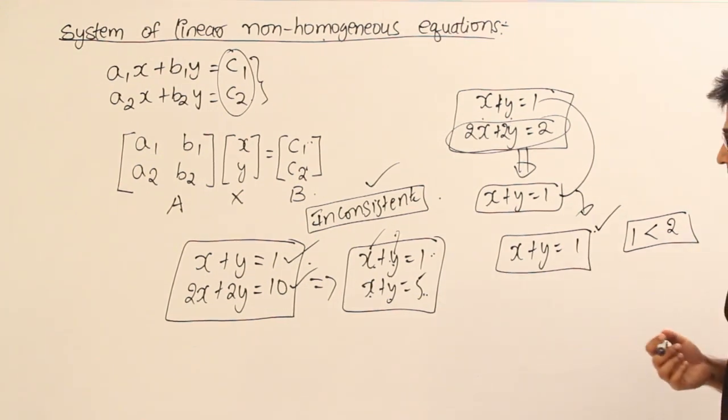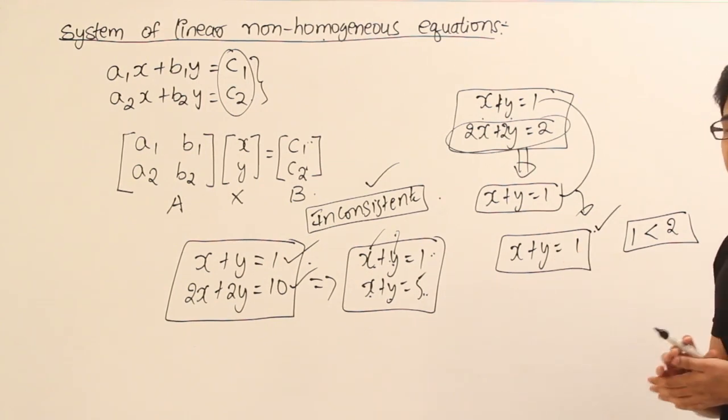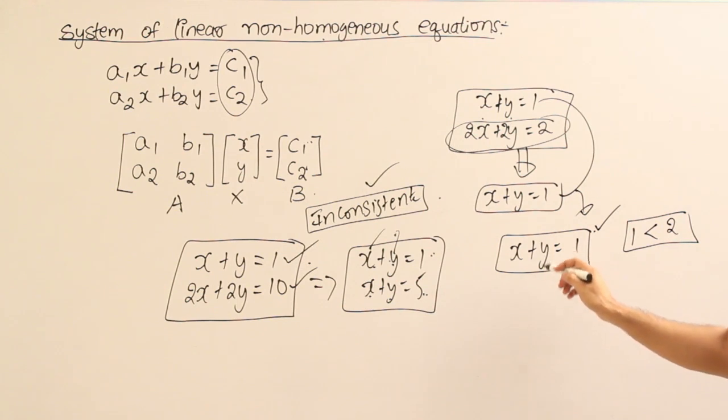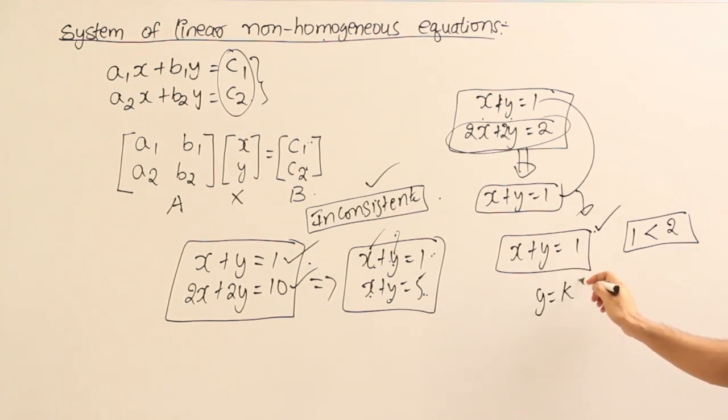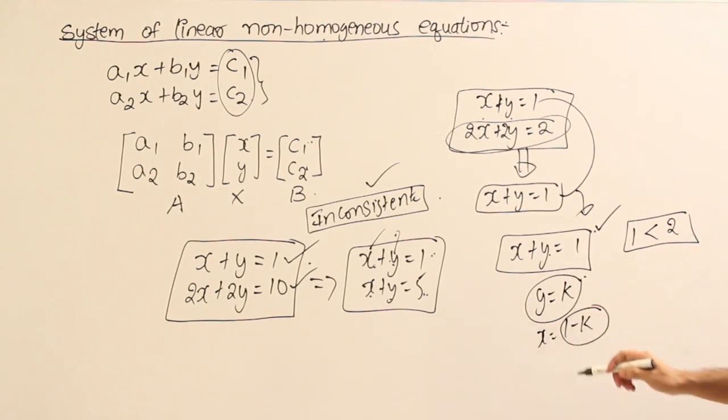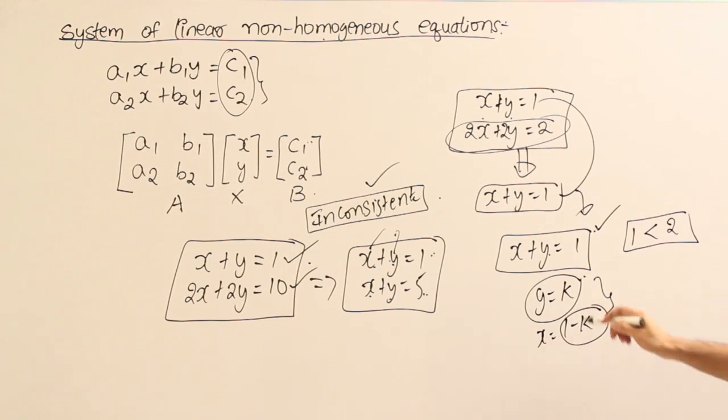The reason is simple: with just one equation, there will be no unique solution. See this. In order to solve this, you have to assume that y equal to k, some random value, and for that y equal to k, x will be equal to 1 minus k. Right? So this is the generic solution, and depending on the values of k, you can get lots of solutions. Therefore, this system will have infinite solutions.